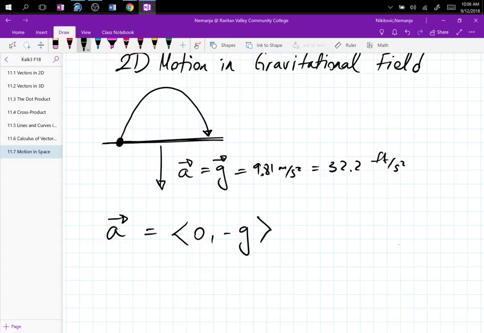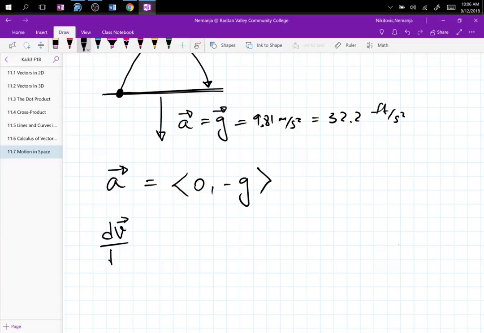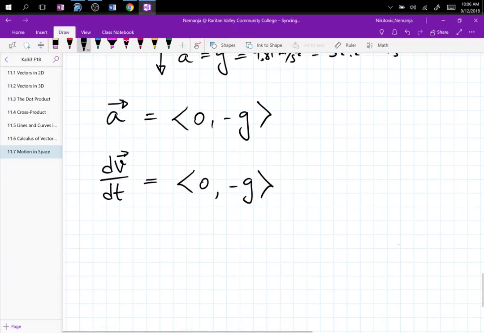Now we know that the acceleration is the change of velocity in time, and hello differential equation. This is a differential equation which shows that you have the velocity, you have the time, and then you have a gravitational constant.